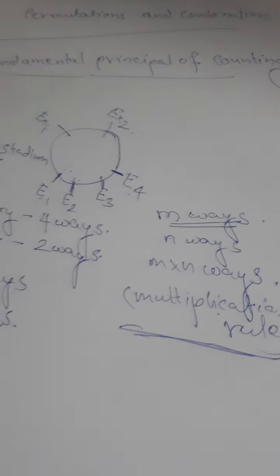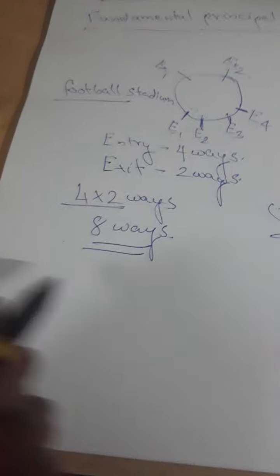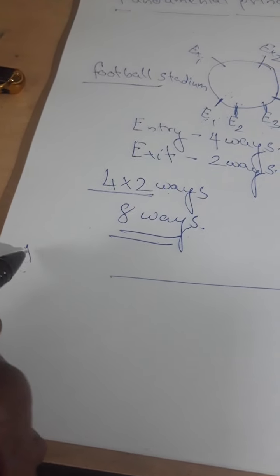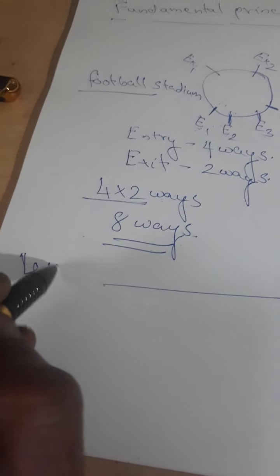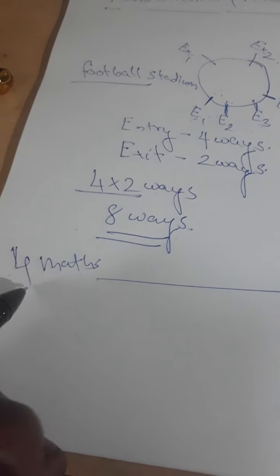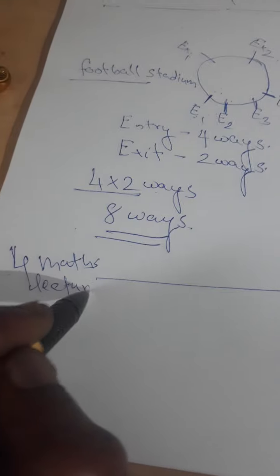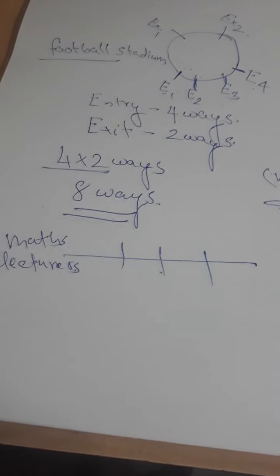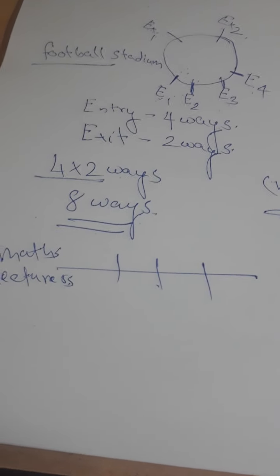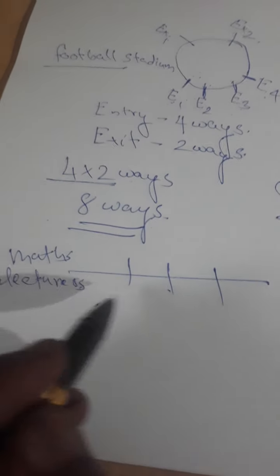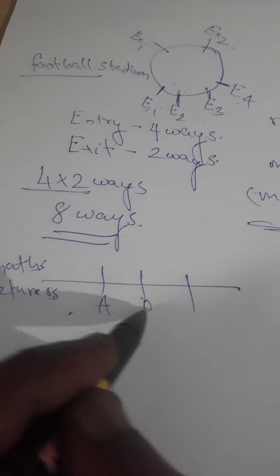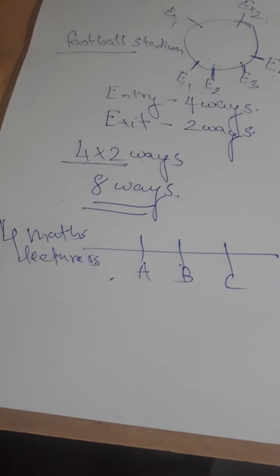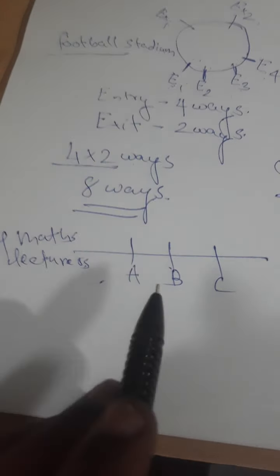Let me take another example for addition. Suppose there are 4 mathematics lecturers, and there are 3 classrooms, say A, B and C. In how many ways can the mathematics lecturers go?